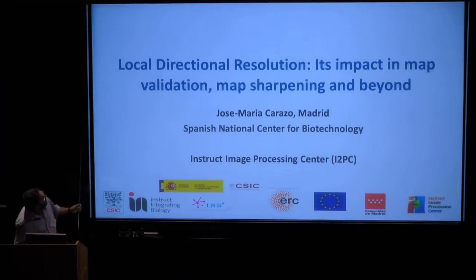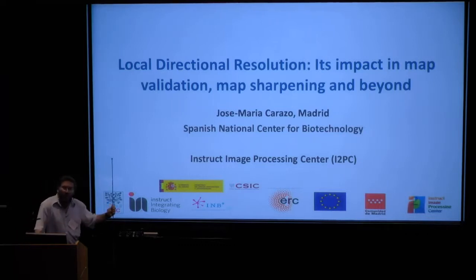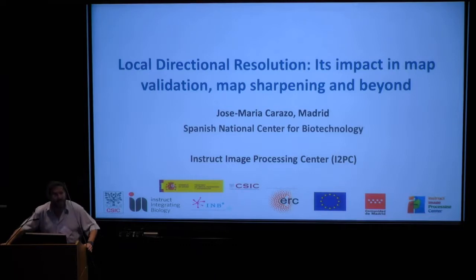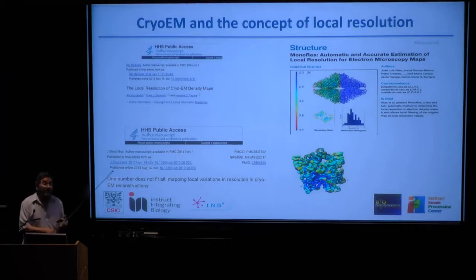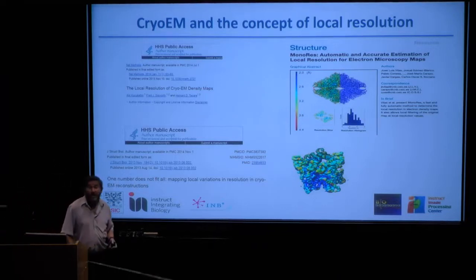So I'm going to talk about directional resolution, how we are using that to understand better the quality of a map, among other things, and I will also talk about how the notion of local resolution, considering that as an additional information, is helping us in getting better maps through a deconvolution process. So basically, the notion of local resolution has been fundamental in electron microscopy.